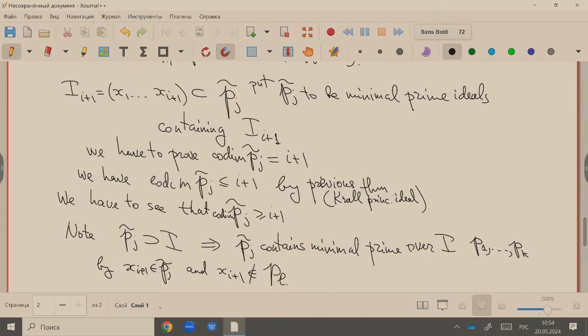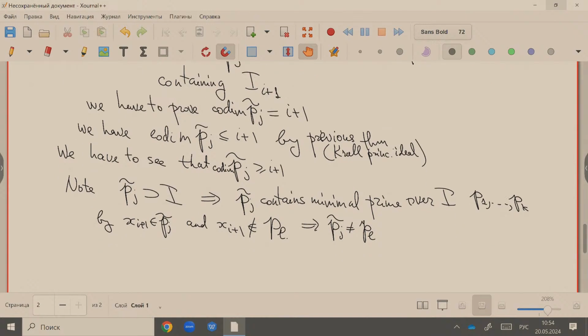By the choice of x_{i+1}, this implies that Pj tilde is not equal to these minimal ideals, and this of course implies that the codimension is larger.